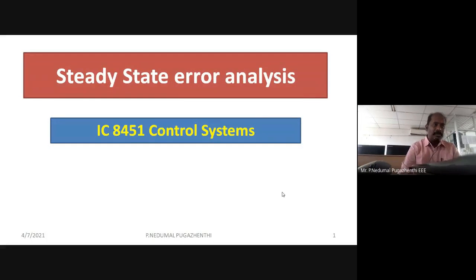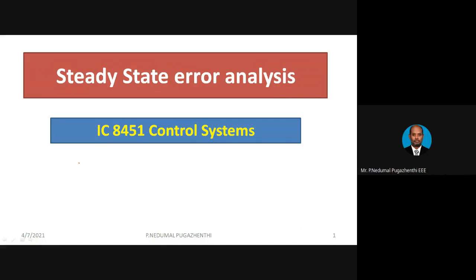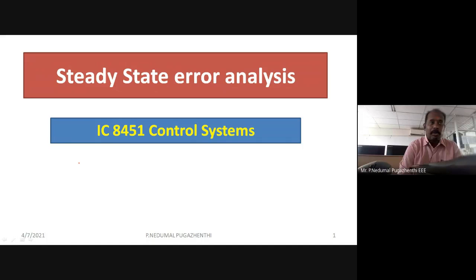Steady state error analysis. So far we have seen the transient part, which is very important. When we started discussing time response analysis, we started with what we call steady state error analysis. Time response analysis has two parts: transient response analysis and steady state error analysis.